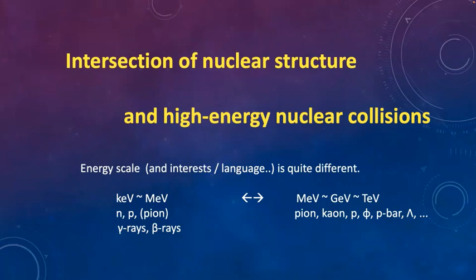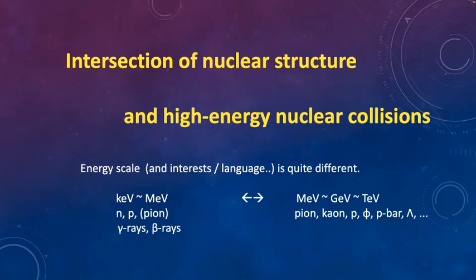So this workshop is at the intersection of nuclear structure and high energy experiment. Anyway, for the low energy nuclear structure side, the energy is like keV or MeV. The main observables are neutrons or protons or sometimes gamma or beta decays.